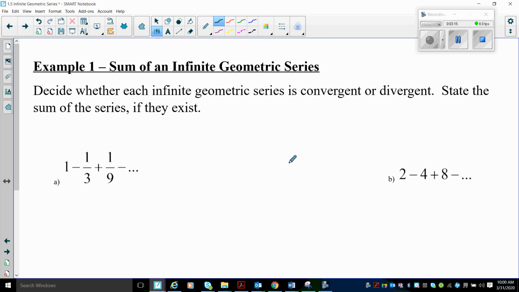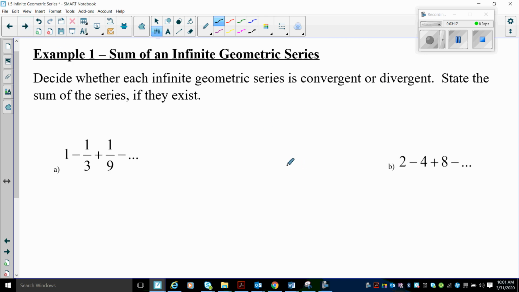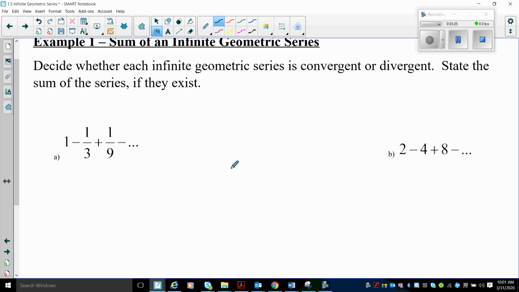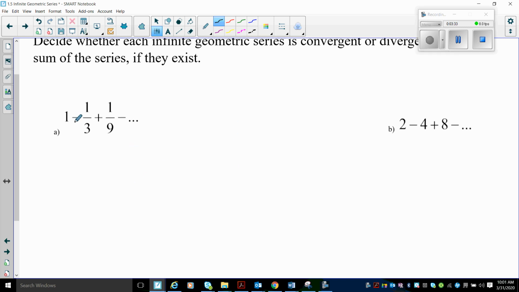So let's look at example 1. It says determine whether each infinite series is convergent or divergent, and state the sum of the series if it exists. Our first key is to figure out what our r value is, because right away, if I know what r is, I can tell you if it's convergent or divergent. To find it, whether there are fractions or whole numbers, if you can't tell by sight, take one term and divide it by its previous term.